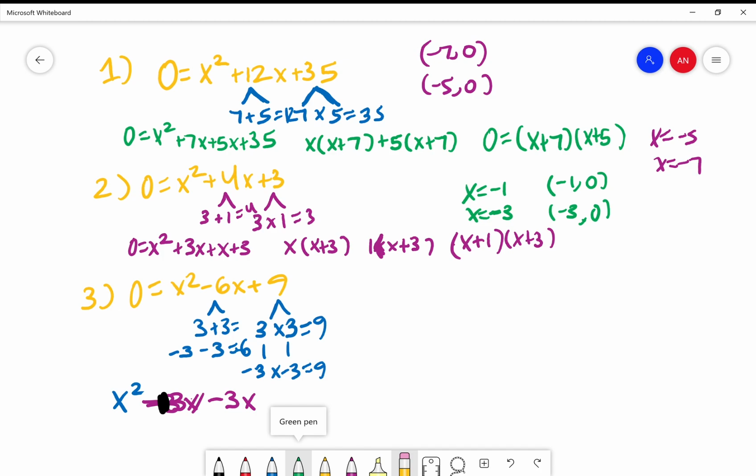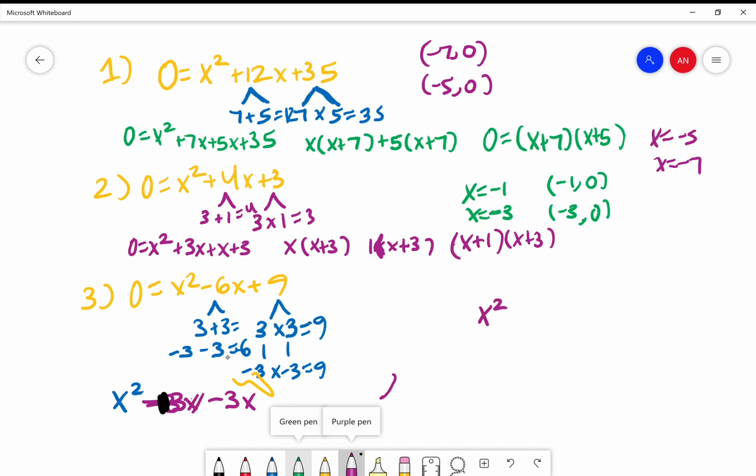Okay, wait, just wait a moment. Oh, it seems my whiteboard stopped working. Okay, so I'll just do it orally. So we get x squared minus 3x minus 3x plus 9. We factor it. Oh, now it works. Okay, yeah, we got it. Sorry, it's a bit messy now.